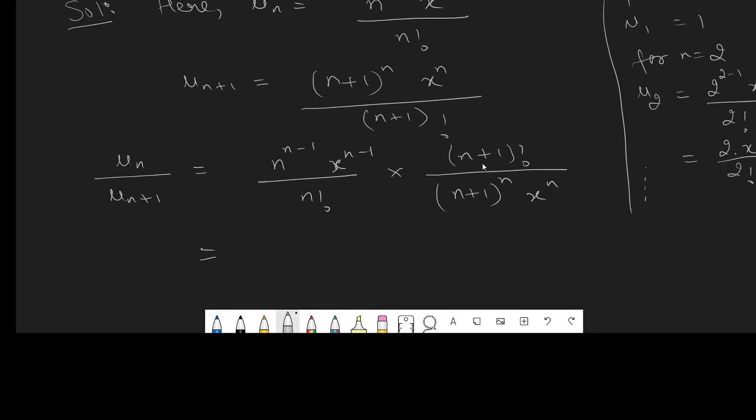If you simplify here, you are left with n power n minus 1 multiplied by n plus 1 from here and here, and divided by n plus 1 power n. And if you take x power n minus 1, here we have x power n, and if you take x under the x in the denominator, then it will be x.